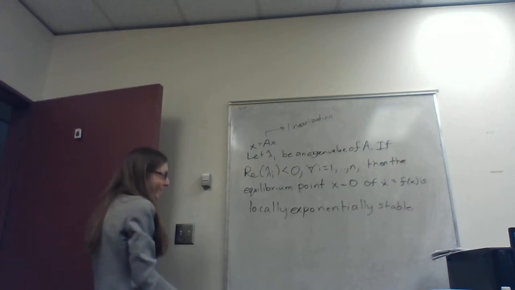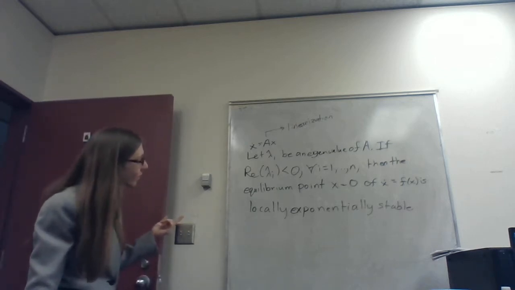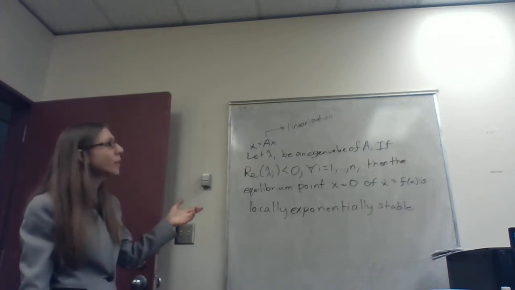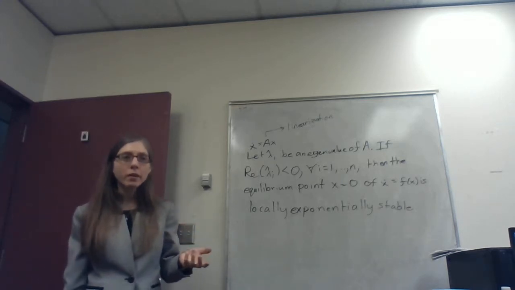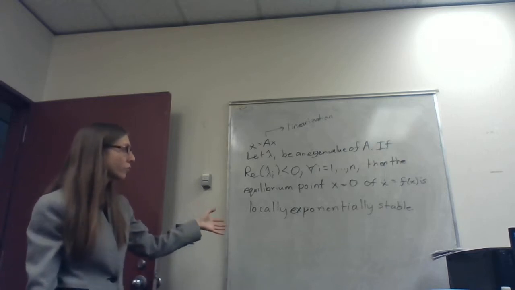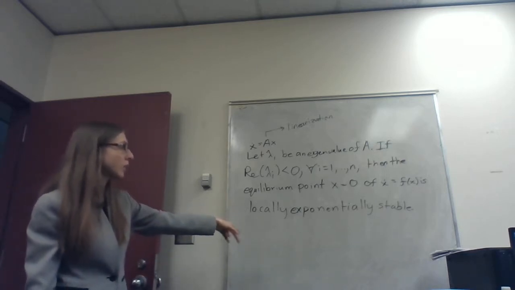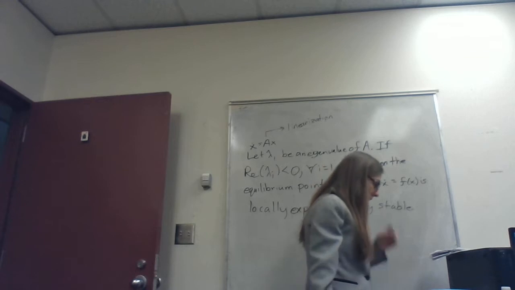The equilibrium. But this one is fairly easy to use because we can take the linearization of any dimensional nonlinear system and then try to apply this. And if we can, then we can tell something about a local stability result.